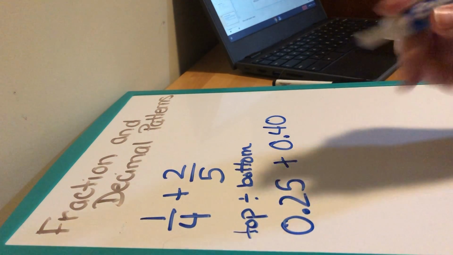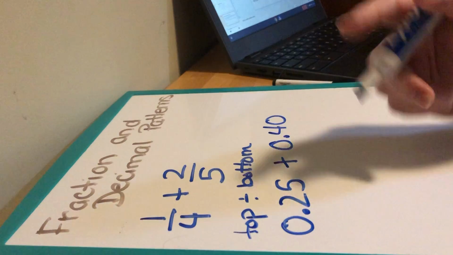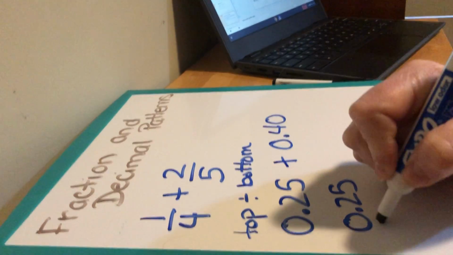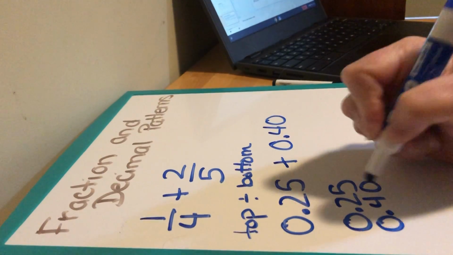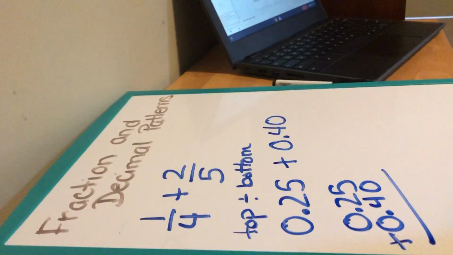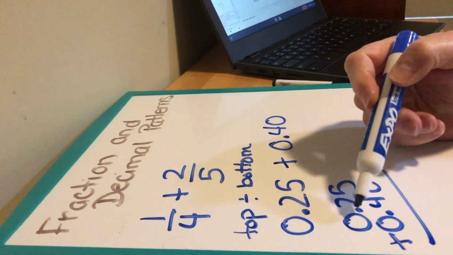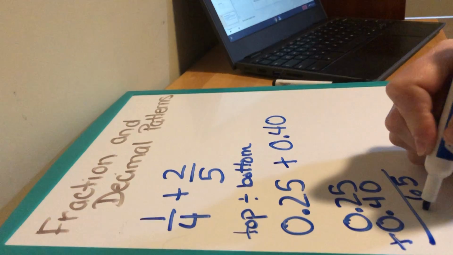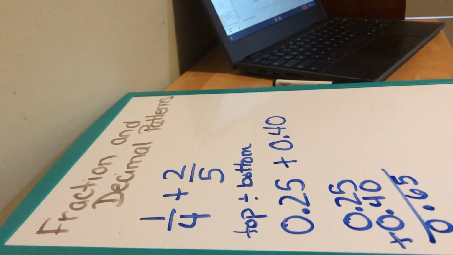Then I just simply need to add these two decimals. And I'm going to just do a quick stack and add. Notice when I stack and add decimals that my decimals are lined up, and then I simply add as I normally would, bringing the decimal down straight.